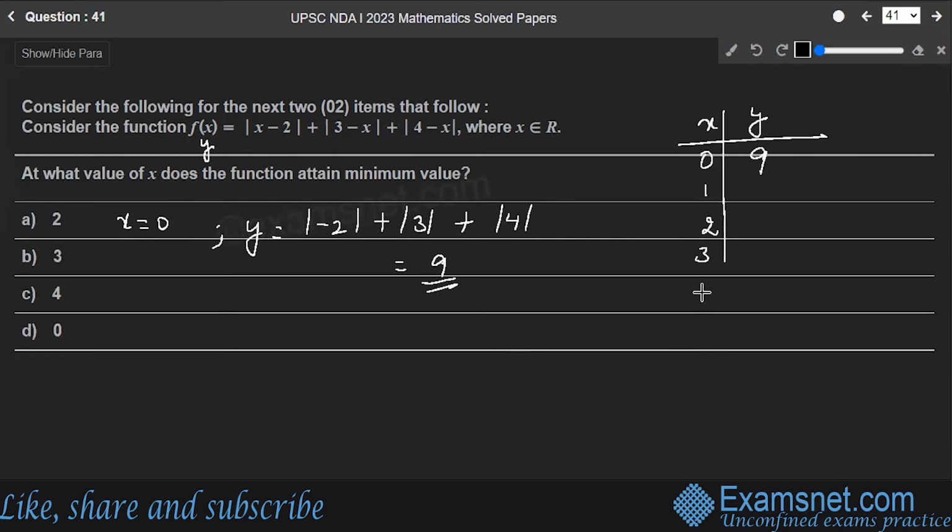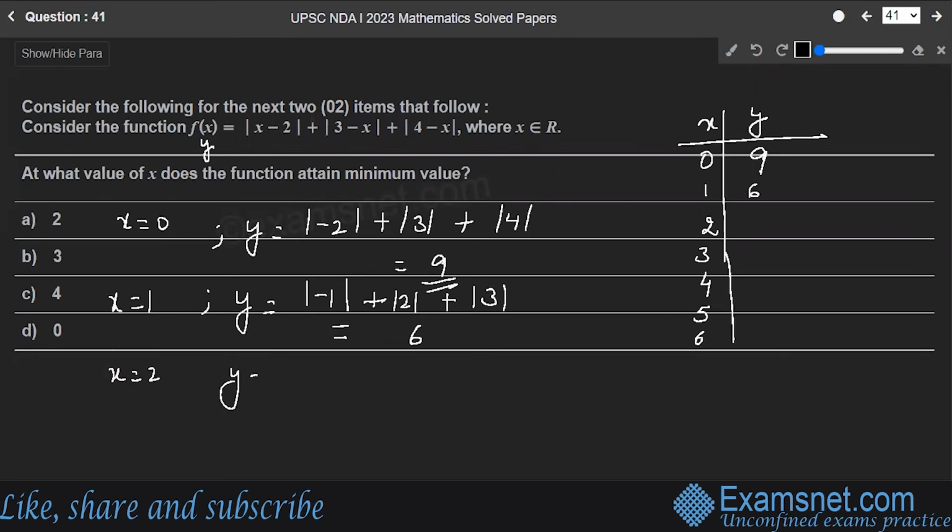1, 2, 3, 4, 5, and 6. So at x is equal to 1, y will be equal to minus 1 plus mod of 2 plus mod of 3, which will be equal to 6.